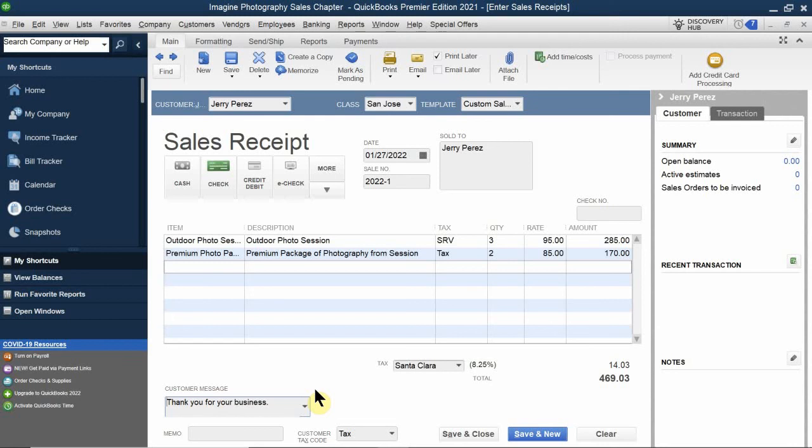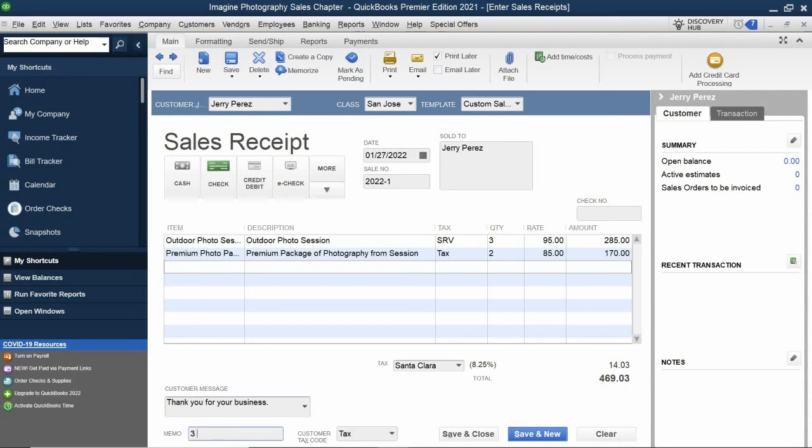At least have some kind of message saying thank you for your business, thank you for making a payment, thank you for choosing Imagine Photography. I don't care. This message is going to show up on the invoice, right? And this memo here is for your purpose to keep track of this information.